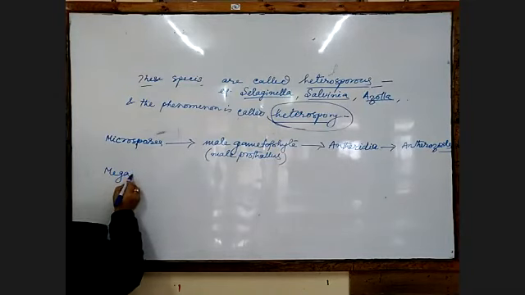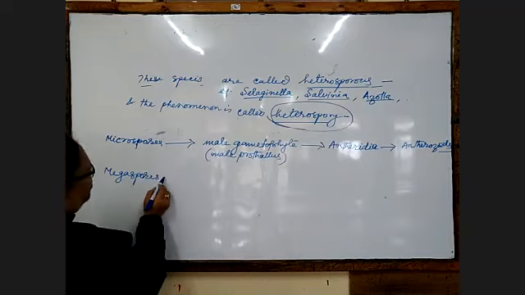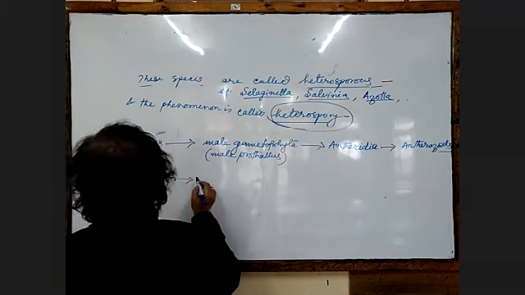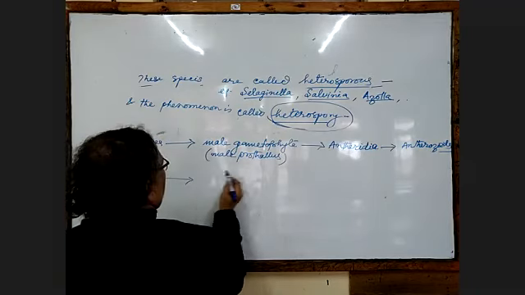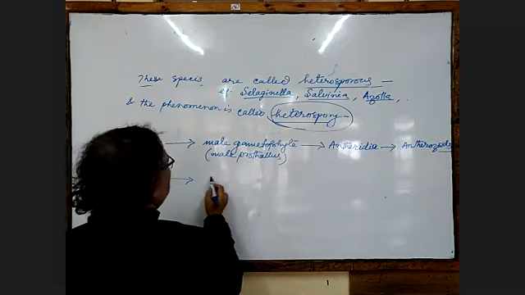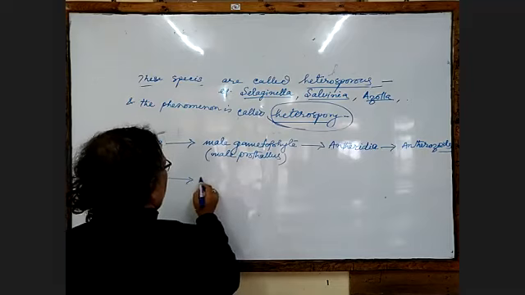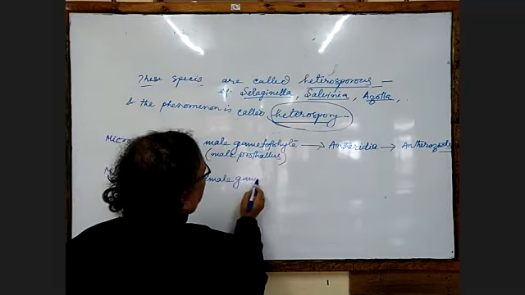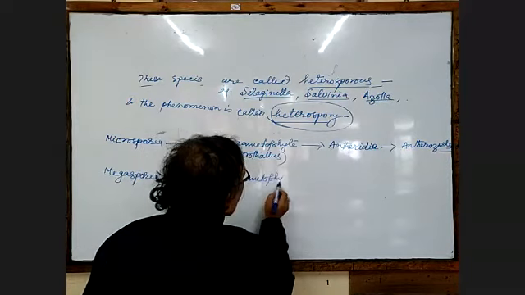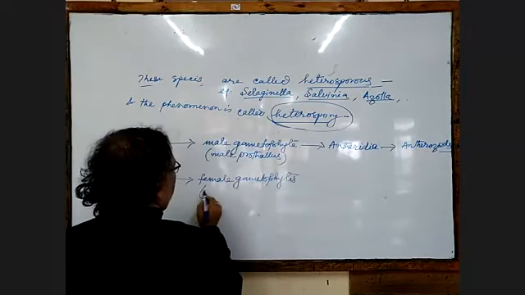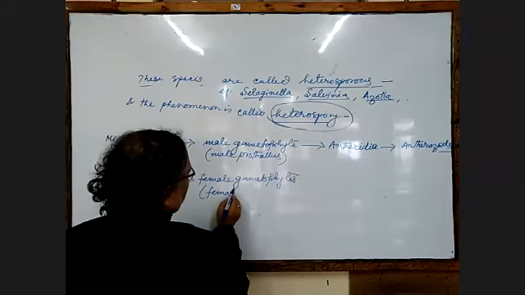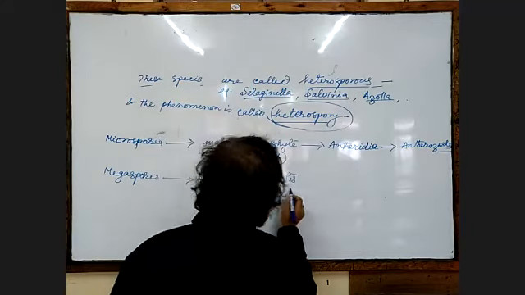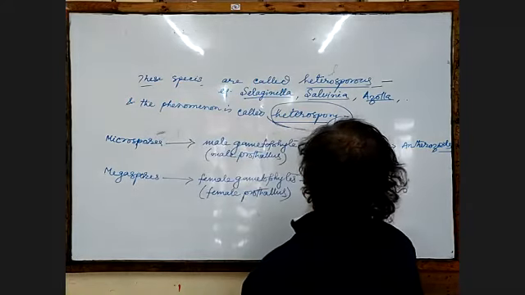Megaspores produce female gametophytes, or female prothallus.